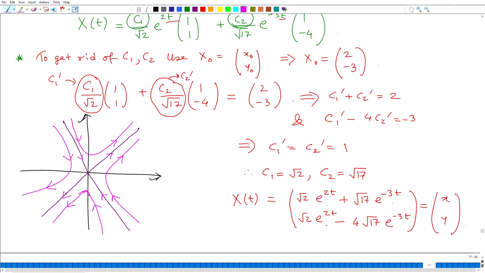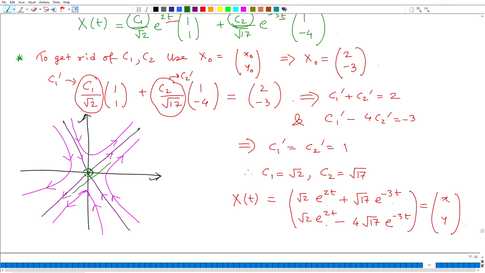Now, what is the most interesting thing: if you concentrate on the eigen directions, you will see that along one eigen direction you have a repeller. Of course, there is a discrete fixed point, although I have drawn this a little less carefully and connected it, but this is a discrete repeller.